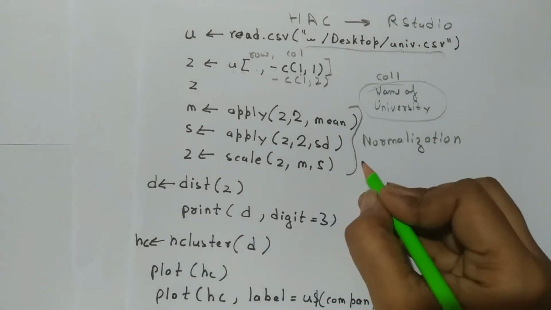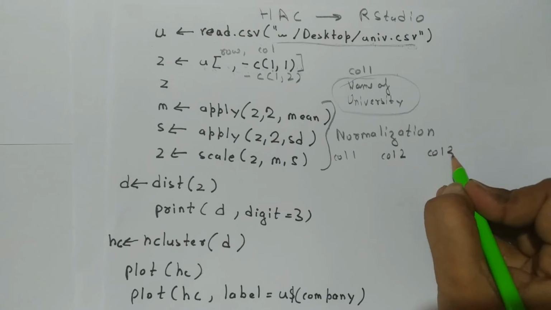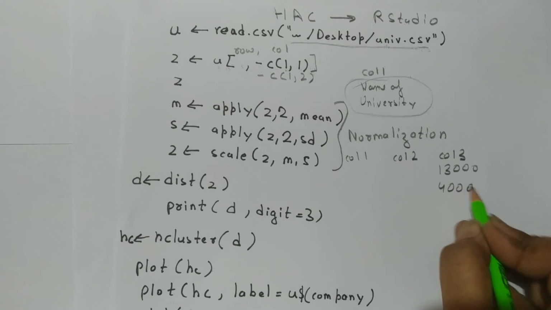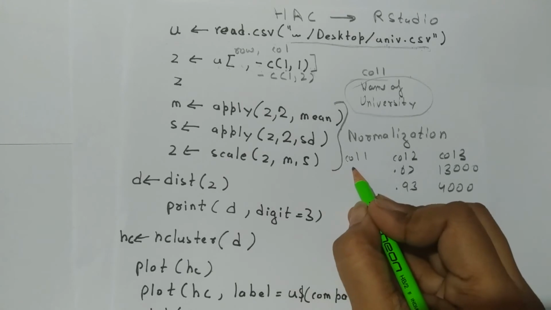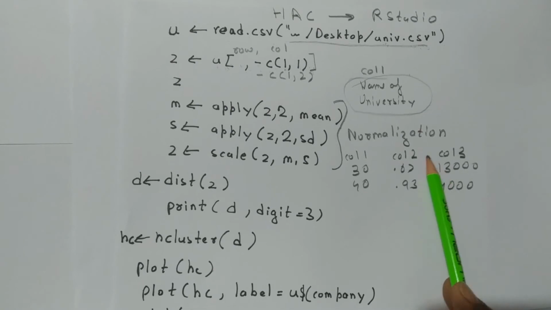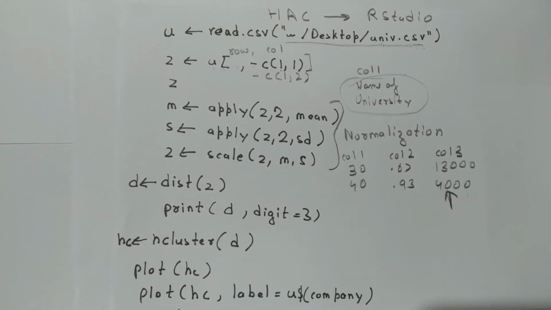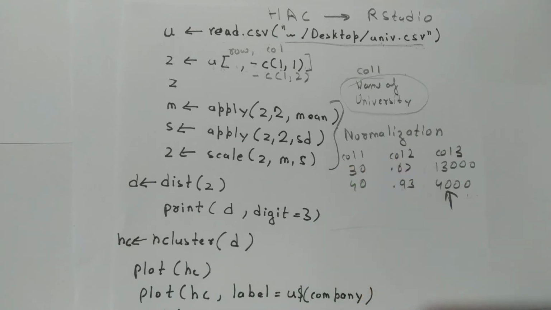Now what happens is, we might have certain columns which have values in thousands, while other columns have values in, let's say, decimals, other columns having values in tens, and so on. What happens if we try to do the clustering based on these values only? Then this particular column is going to dominate the result. Why? Because the values in this column are very high. So to have a uniform result, we need to do the normalization.